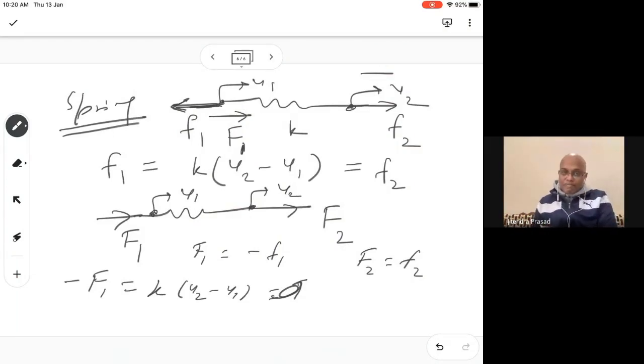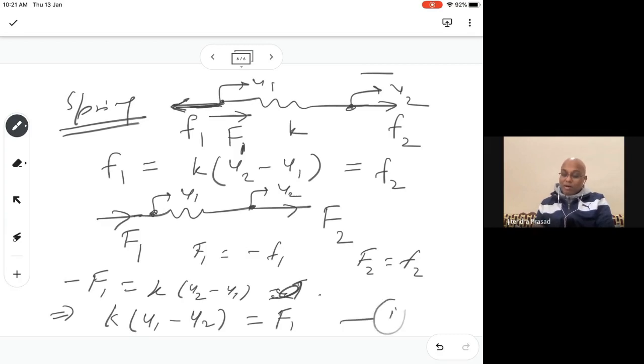So here, minus F1 equals K times U2 minus U1, and in that case you can write it as K times U1 minus U2 equal to F1, right? So we got equation number 1.